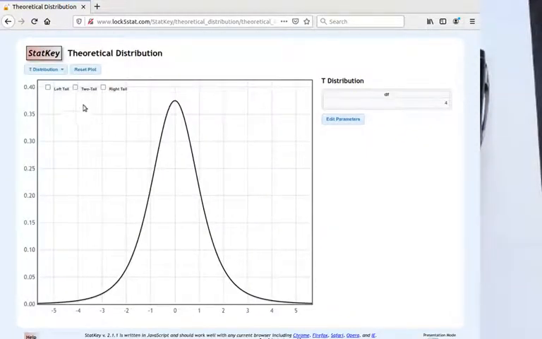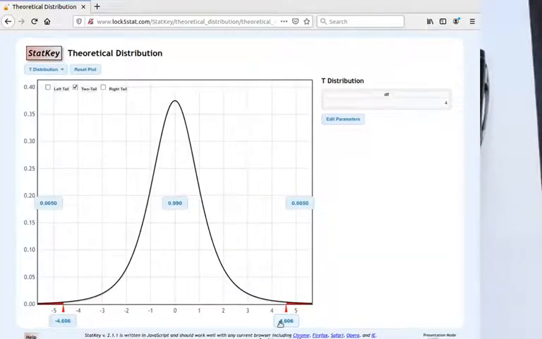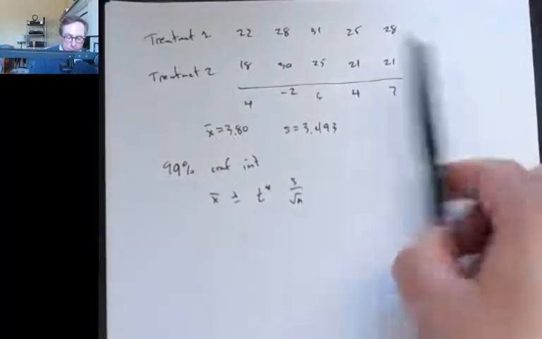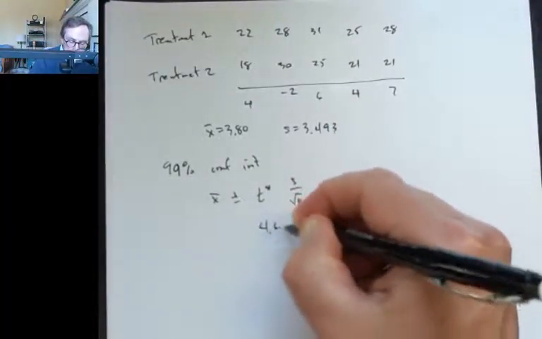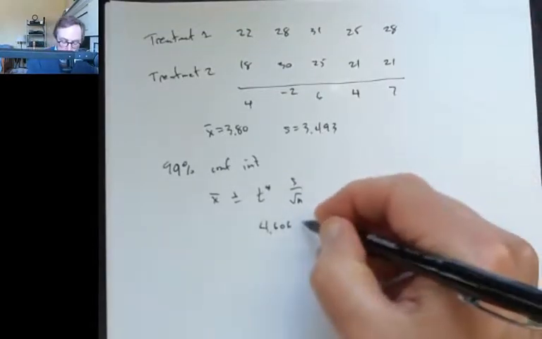And now I want a 99% confidence interval, so I want to know what's the t associated with the middle 99. So I'm entering 0.99, and it says 4.606. Okay, so 4.606, I'll write that down. And I got to just fill in the rest.